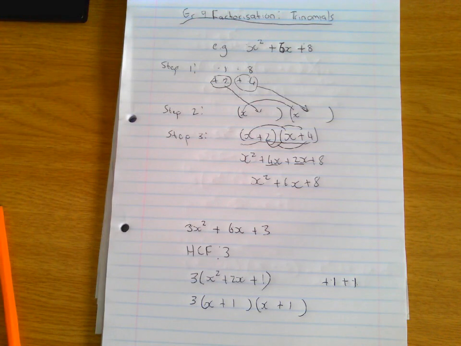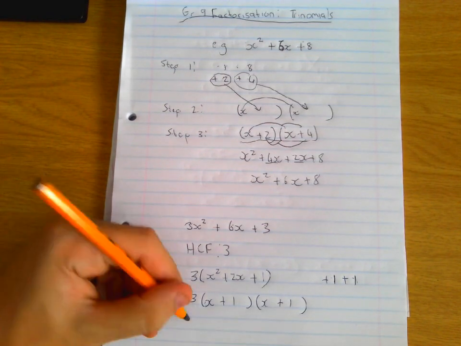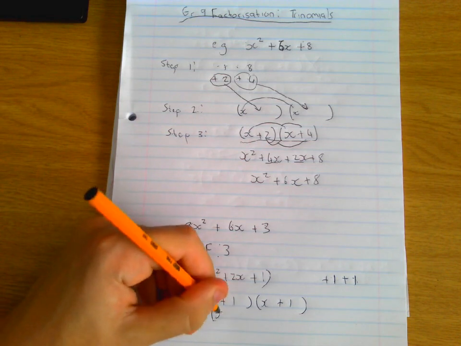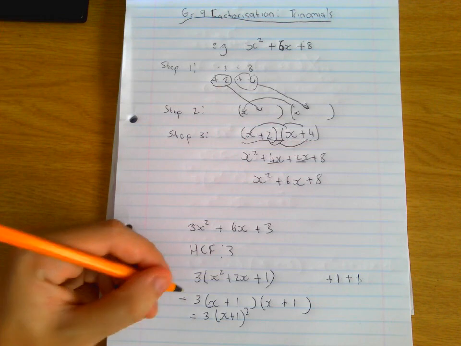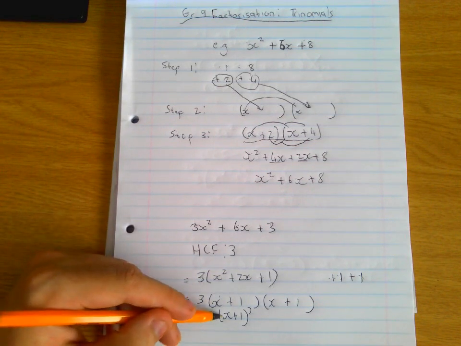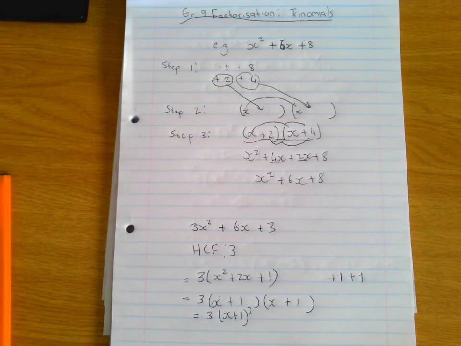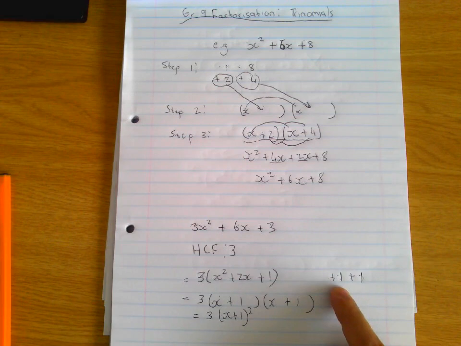And then just in this case, because the two brackets are the same, saying x plus 1 times x plus 1, there's a shorter way of writing it. That equals 3 times x plus 1 squared, because there's two x plus 1 brackets. Technically speaking, this is right, but this is the simplified version, okay? So it's very easy when you have 1 at the end, because the only factors of 1 are, well, 1 and 1.